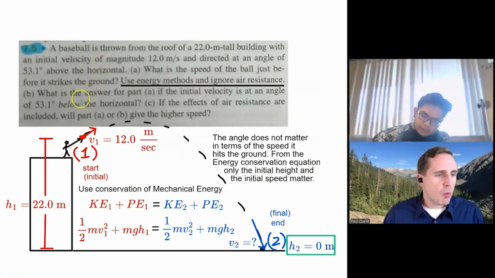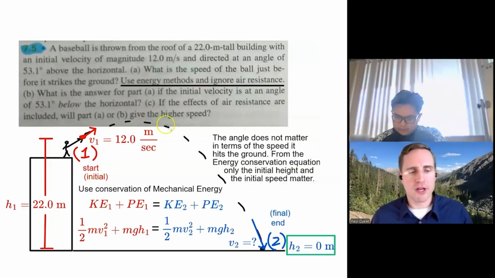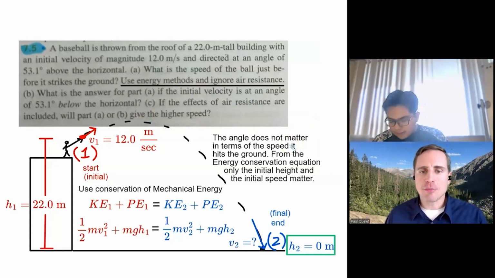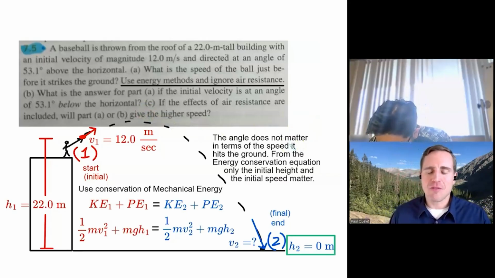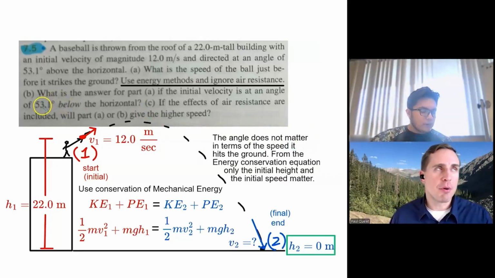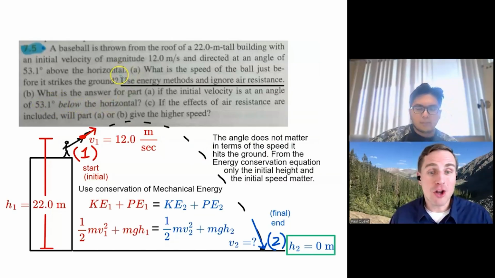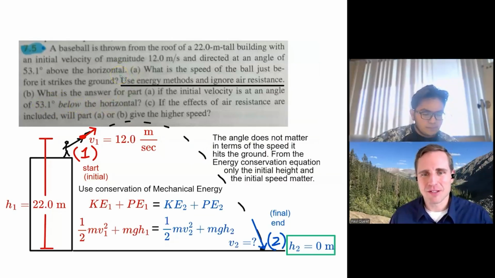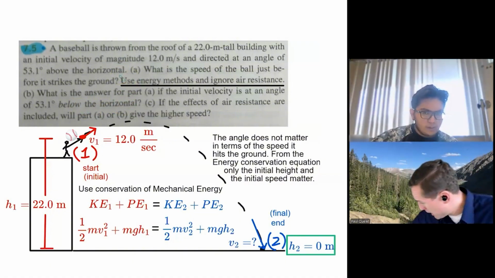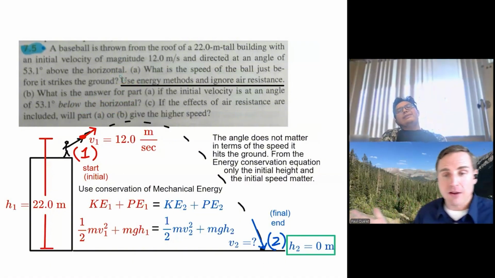It says, what is the answer for part A if the initial velocity is at an angle of 53.1 degrees below the horizontal? Well, once again, we already kind of talked about this. Does the angle matter, if it's positive 53.1 degrees or negative 53.1 degrees? In part A, it's positive 53.1 degrees. But if we throw the ball downward, does it really matter? No, it doesn't.